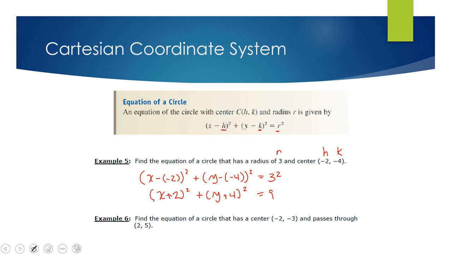Sometimes if they reverse it and say, here's the equation of the circle, tell me what the radius and center are, I'll have students tell me that the center is at 2, 4 because they're just looking at the numbers there. Well, those plus signs are not part of the defined structure of the equation of a circle. I should have minus signs there.